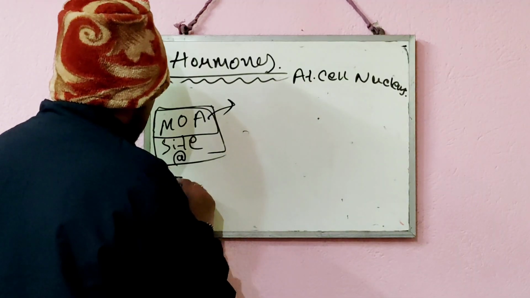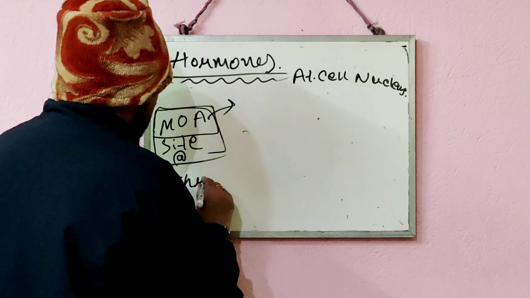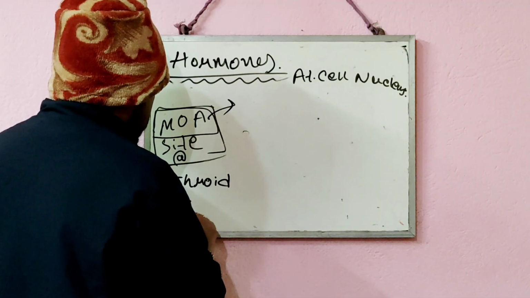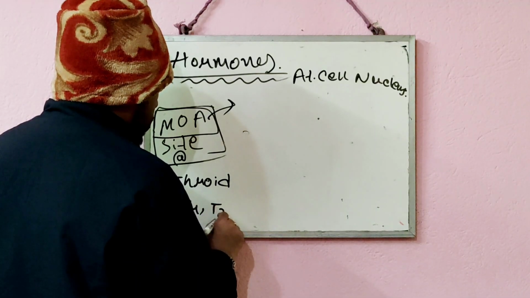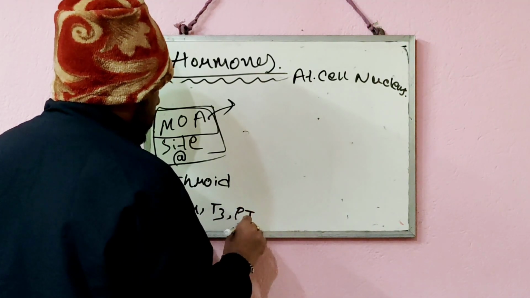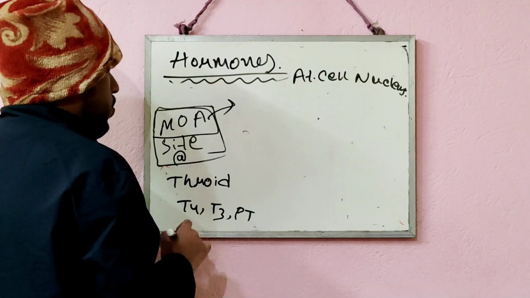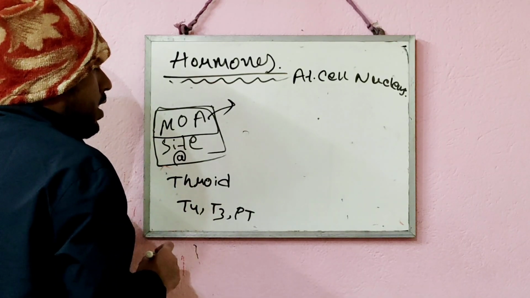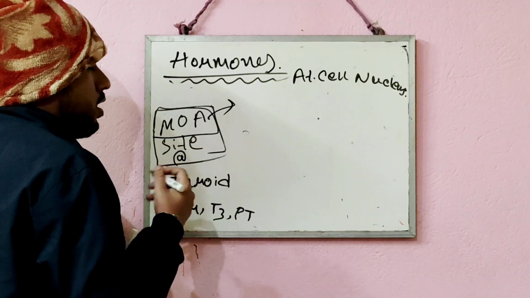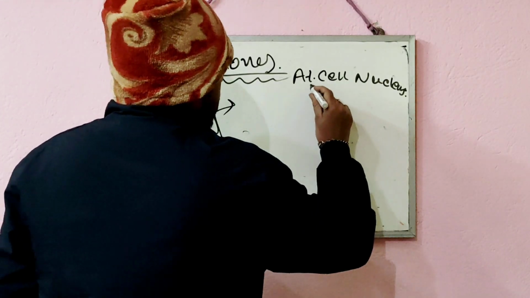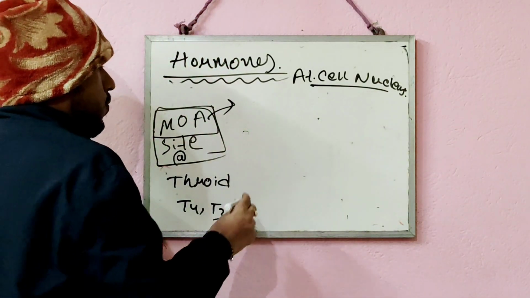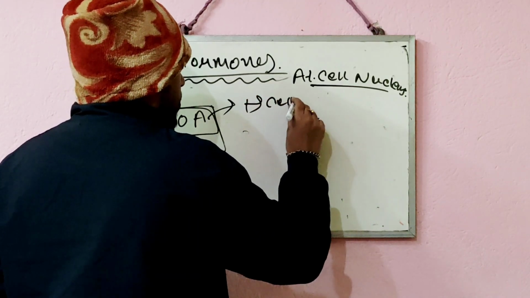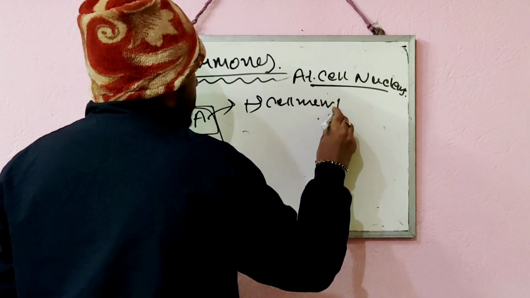They are the thyroid stimulating hormones like thyroxine, tetraiodothyronine, and parathyroid hormone. All these types of hormones show their action by this kind of mechanism, at the cell nucleus. So first of all, these hormones will penetrate the cell membrane.